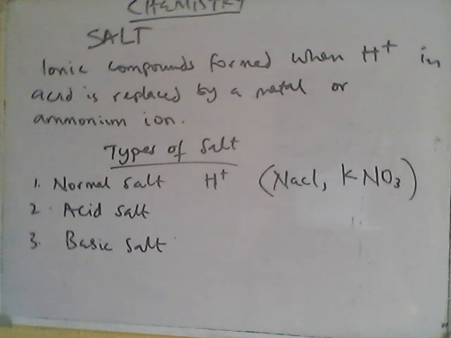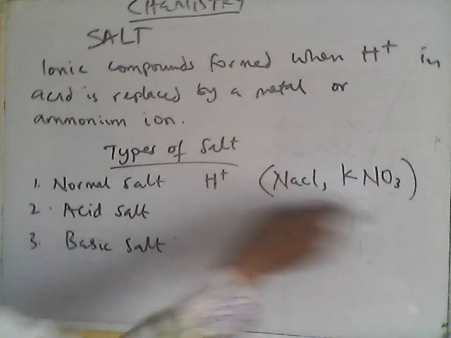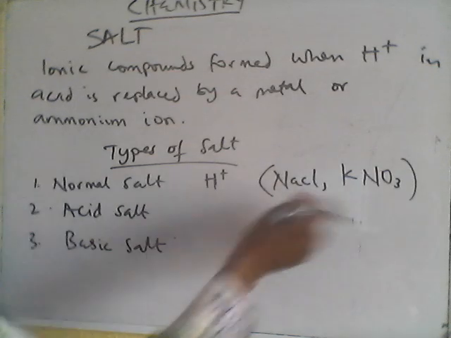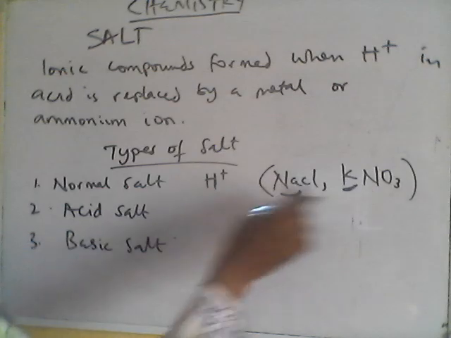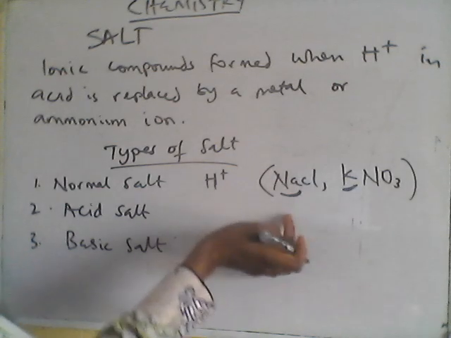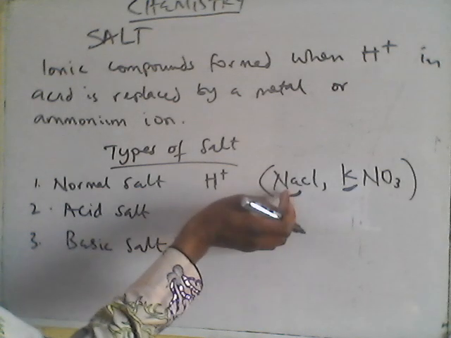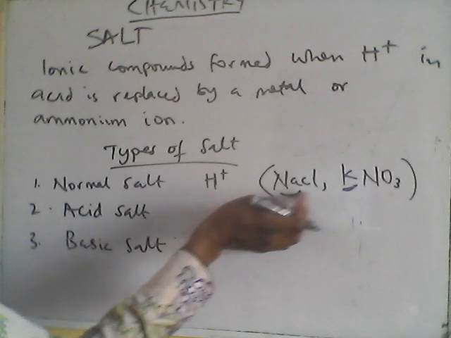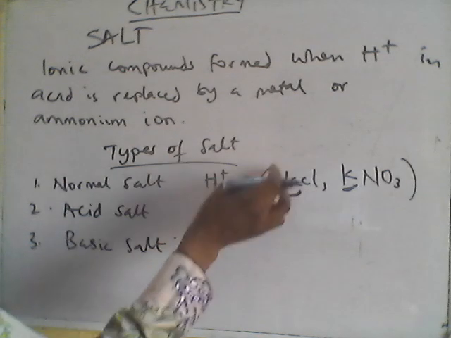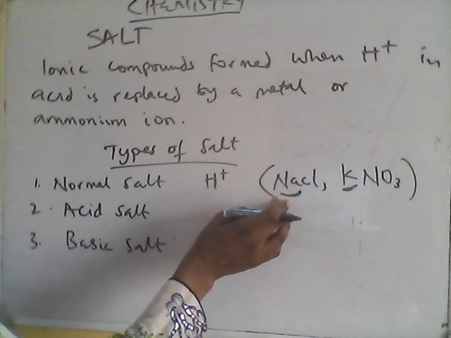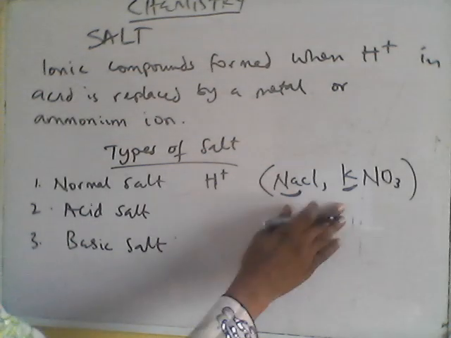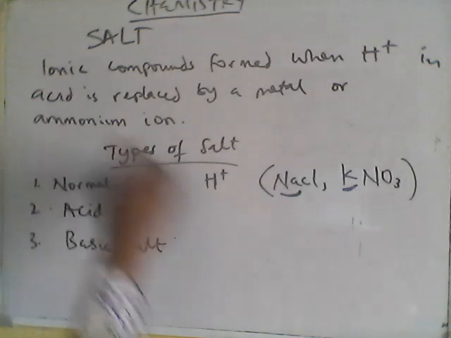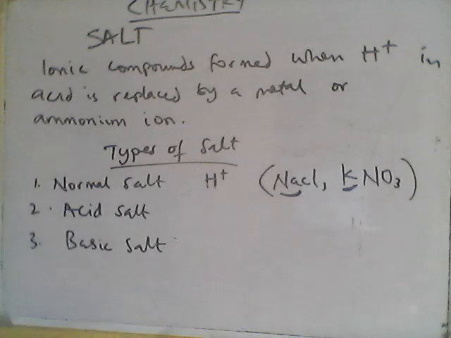All the hydrogen ion is replaced. Normally, what is replacing it is this metal here. Before, hydrogen was in sodium's place, combining with chlorine. But sodium came to displace hydrogen, and hydrogen comes out, and you have this. So normal salt is formed when all the hydrogen ions in the acid are removed and replaced by a metal.